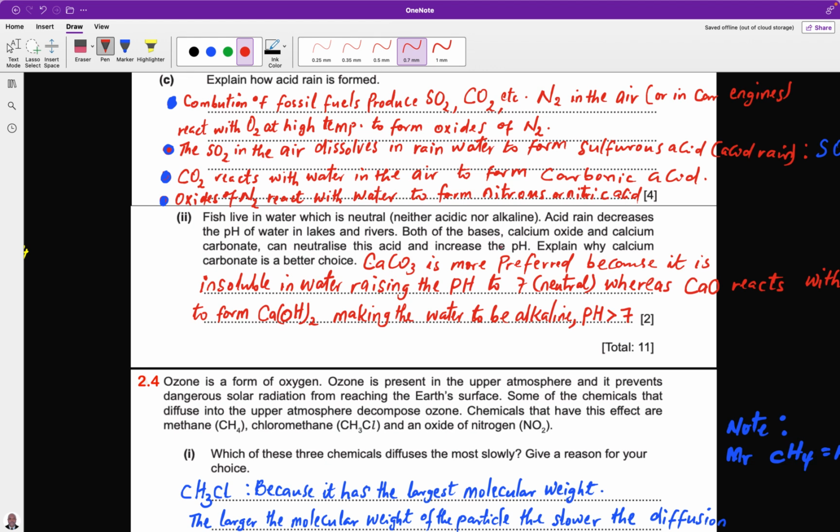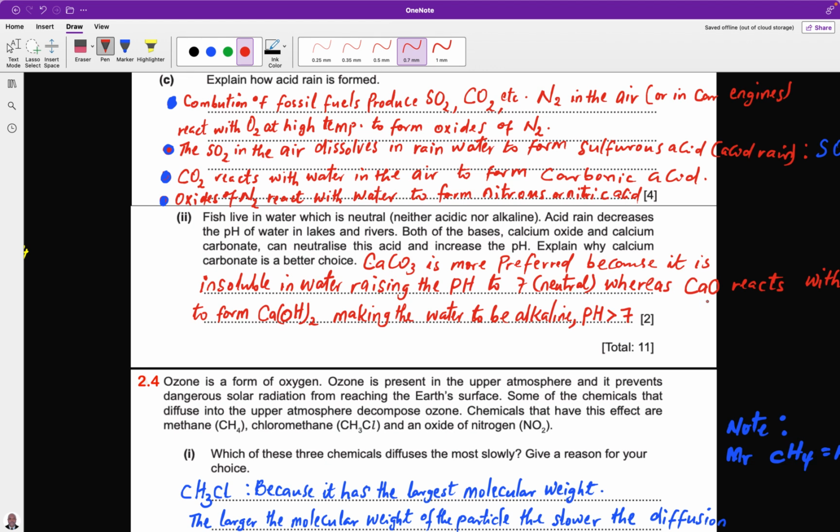But calcium carbonate is more preferred because it is insoluble in water. When it is insoluble in water, it raises the pH of water to what? To 7, making it neutral and a more suitable environment for fishes to live.